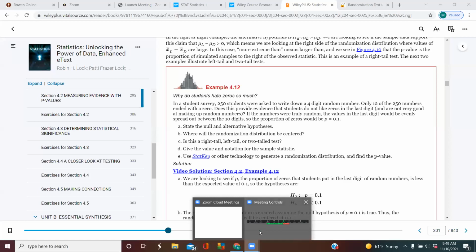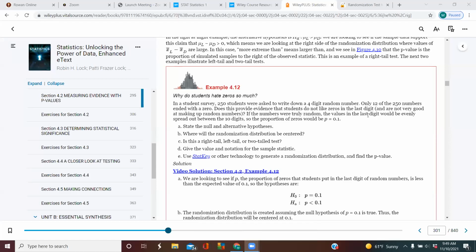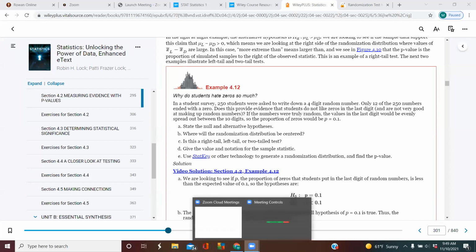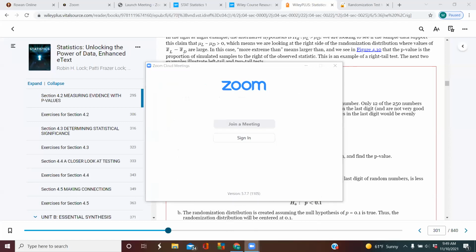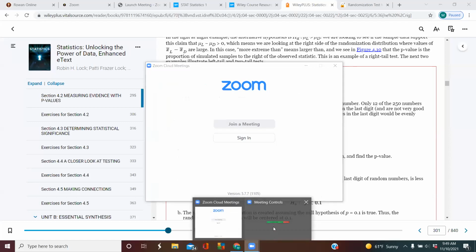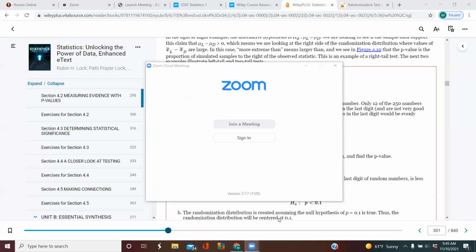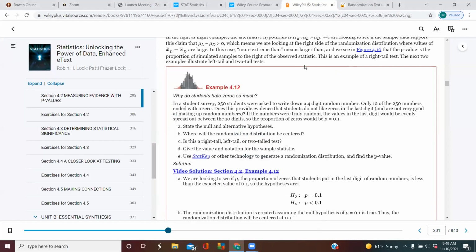Just give me a second. Can somebody just yell out, can you see this page right now? Yes? Yeah, I'm sorry. All right. So it wasn't showing before, and now I'm showing.